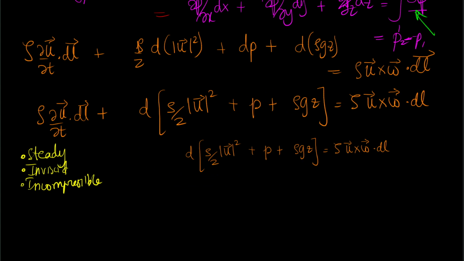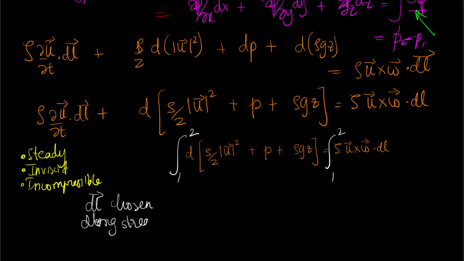Now in this, if we integrate this from point 1 to 2, and if dl is chosen along a streamline, it means that the dl and the velocity vector are collinear.